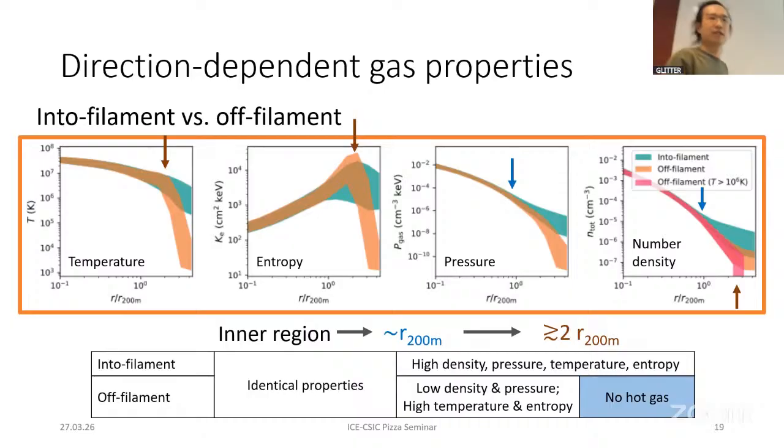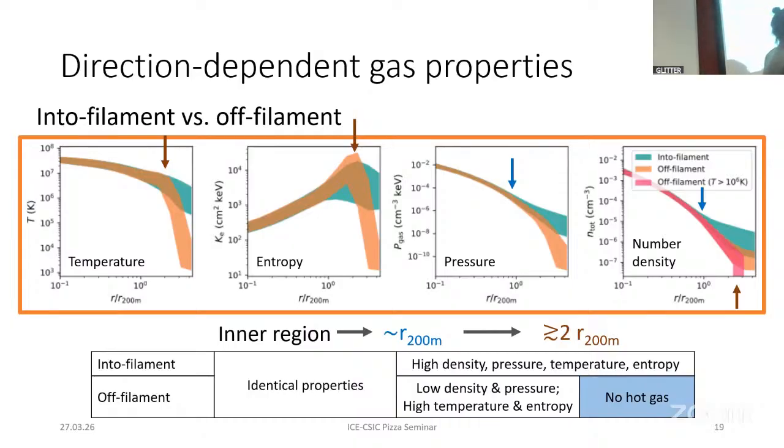We clearly see different trends in the filament and non-filament directions. To the left, the temperature: you see that at about 2 times R400m, in the filament region, you still keep a very high temperature, but if you go to the voids, the temperature drops sharply.